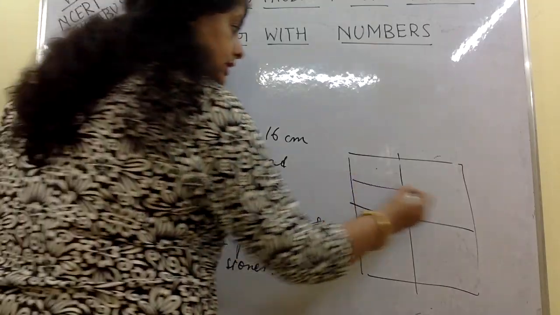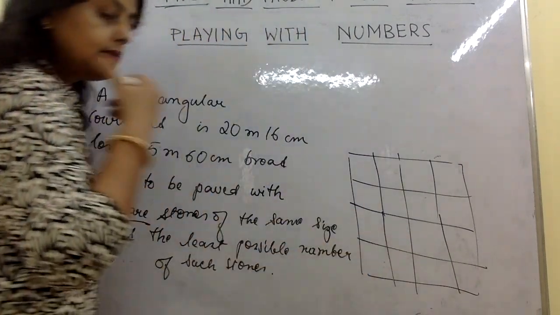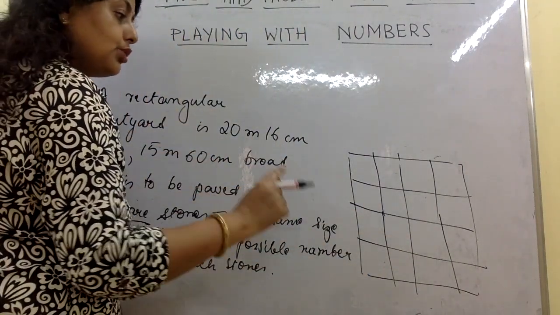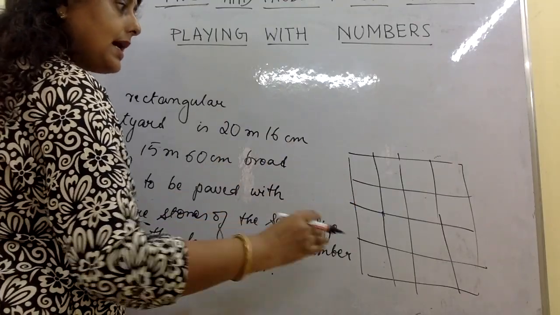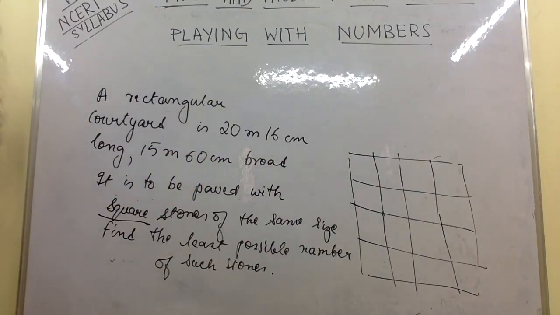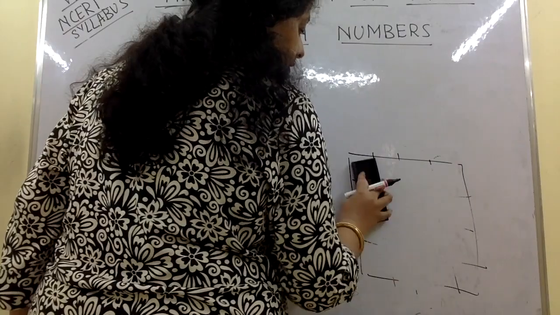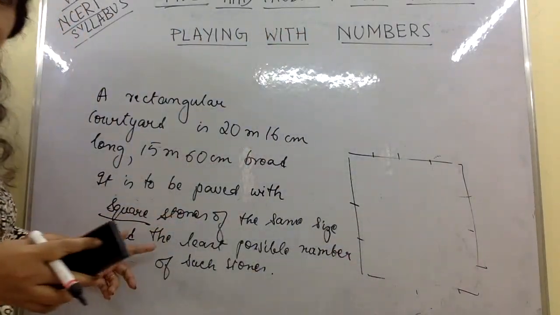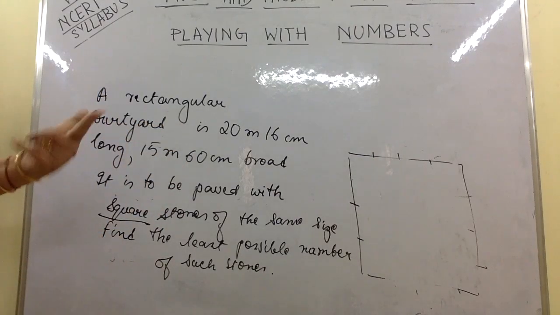Now if you do this, then you get 16, right? If you do this, you get 16. So, but then these are smaller squares. So you have to have the biggest square possible that can fit into this paper. Okay, so the least number of squares means the biggest size of square.